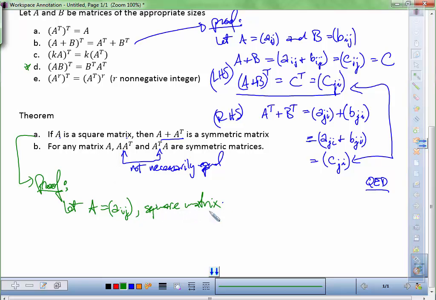Then A transpose is going to be Aji. And then let's add them.